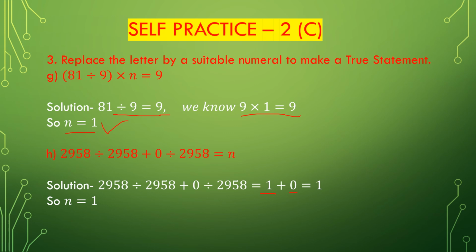We know any whole number divided by the same whole number we get 1. And we know 0 divided by any whole number we get 0 only. So here we get 1 plus 0. 1 plus 0 is 1. So n will be replaced by 1. So n equal to 1.